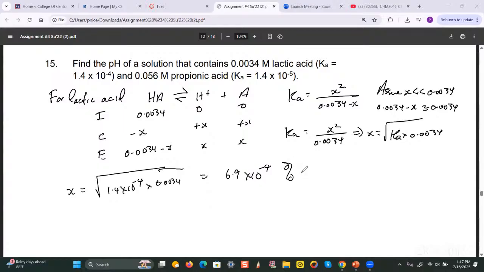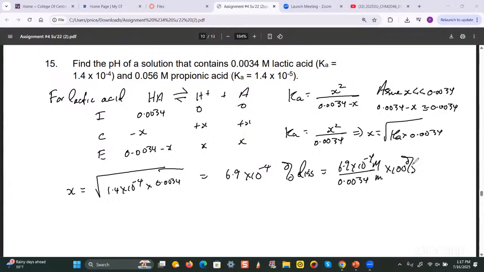Percent dissociation. How do we calculate that in this case? 6.9 times 10 to the minus 4 divided by 0.0034 M times 100%.